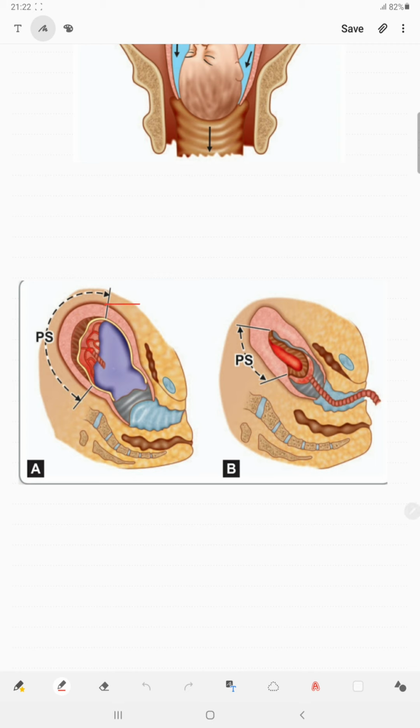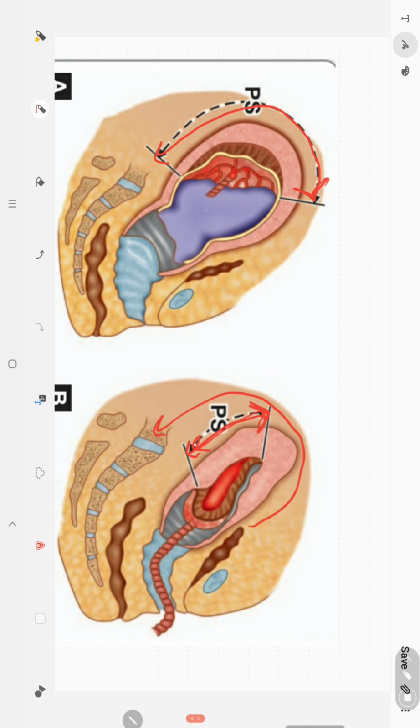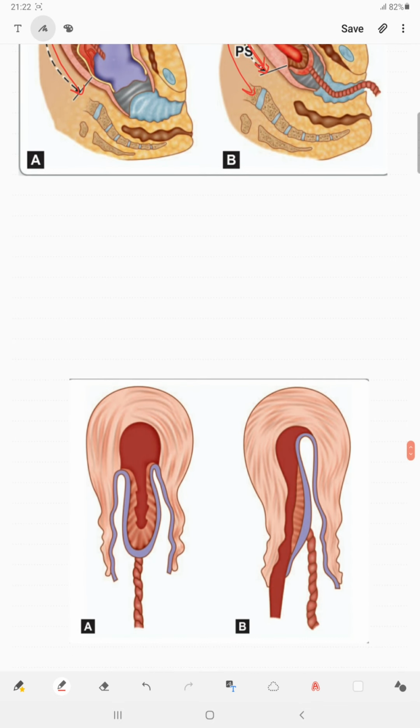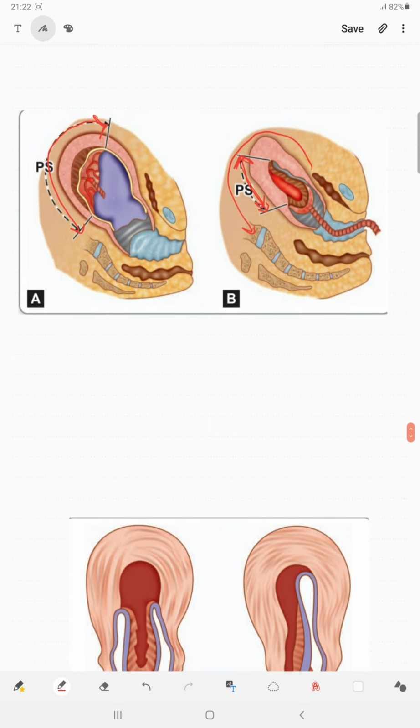The uterus, this was the placental surface area earlier, but after the expulsion of the fetus, can you see that the uterus has contracted and now the placental surface area has become short? So this is one of the driving forces why my placenta would separate. But then I would talk about how actually it would separate.